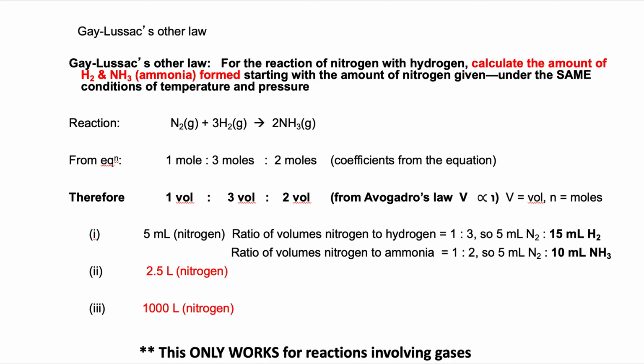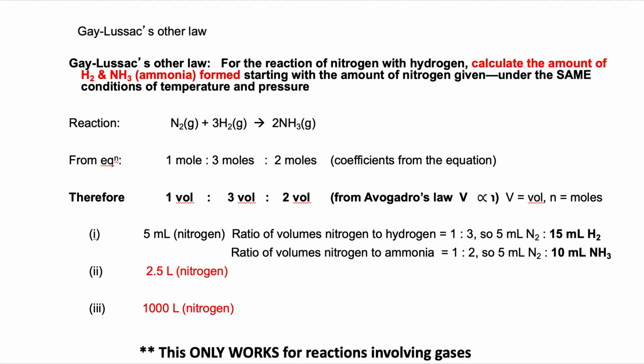For the first one, I'm doing that one for you as an example. The ratio of nitrogen to hydrogen, looking at the coefficients, is 1 to 3. So for the volumes, 1 to 3, 5 milliliters of nitrogen, 15 milliliters of hydrogen.